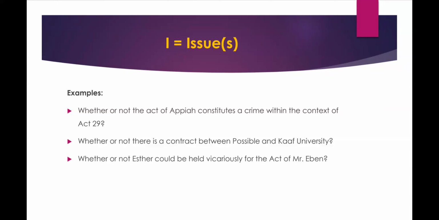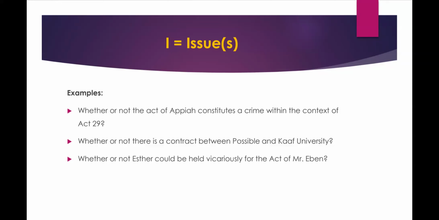Forget the rest, because the rest belongs to other courses. So you write area of law, you underline area of law: crime and morality, or crime to morality. Whether you say crime and morality or crime to morality is the same thing. Then you are done with area of law. They will mark you. Then you come to issues. You raise your issue, and you underline issues: whether or not the act of appear constitutes a crime within the context of Act 29.